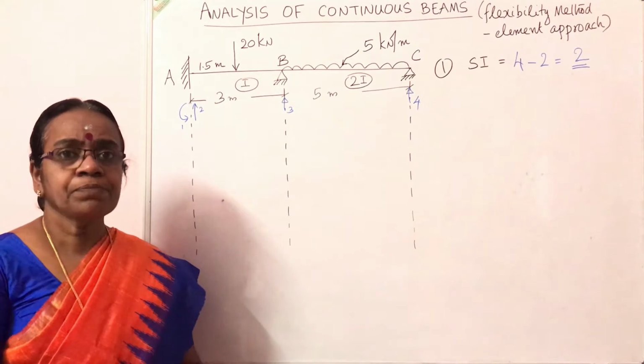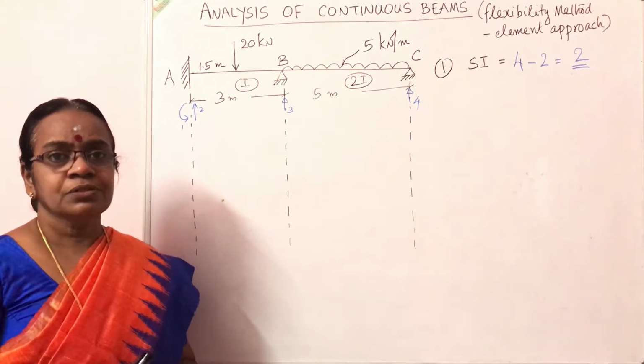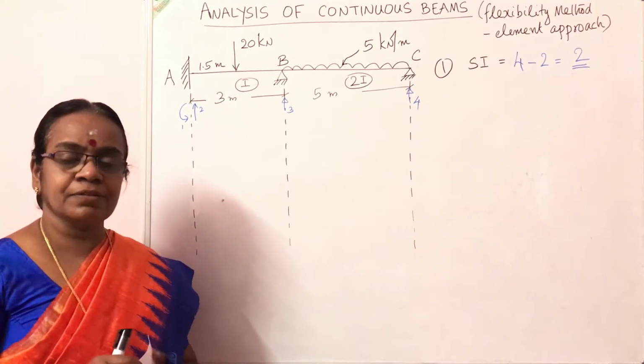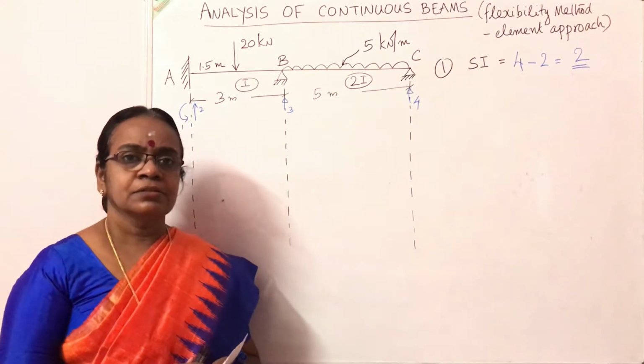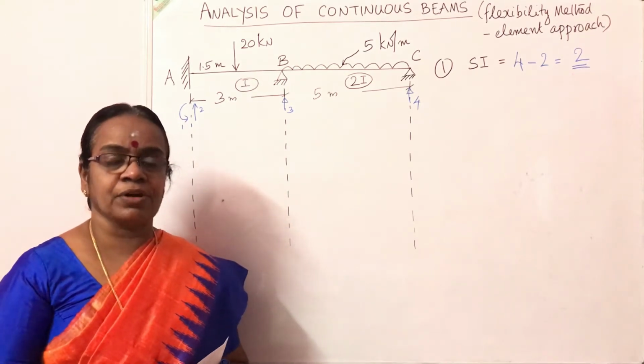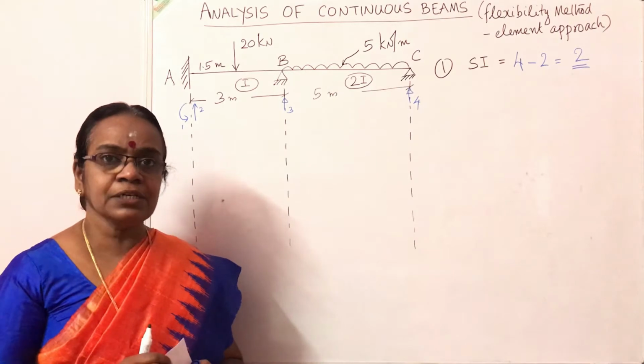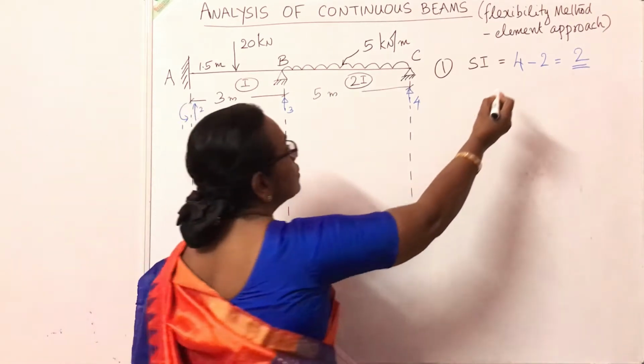Now what is the next step? We have to release the redundants and obtain the statically determinate structure, or the primary structure. So there are 2 redundants.